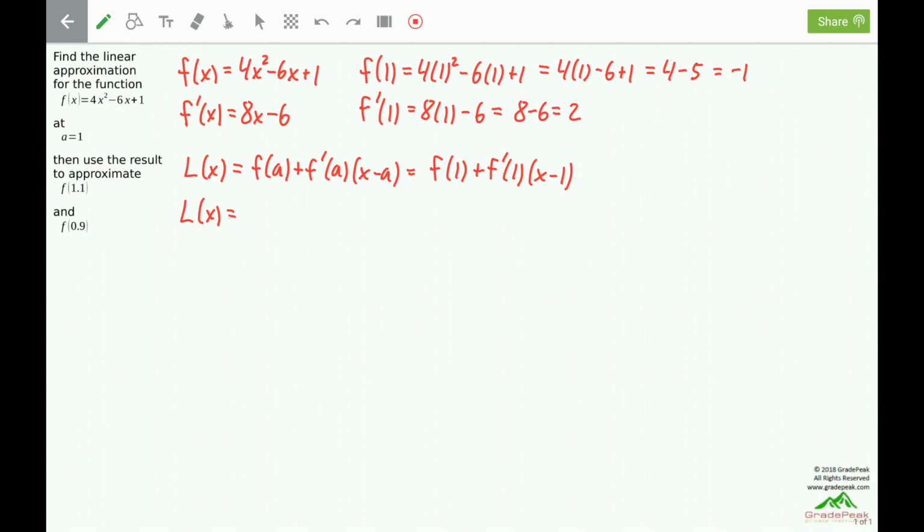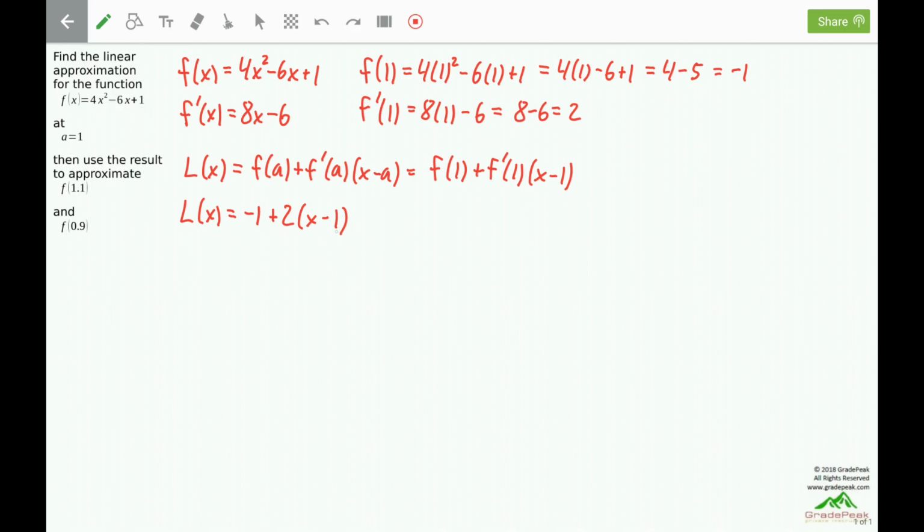So L of x equals f of 1 is here and f prime of 1 is here. Putting those into place, negative 1 plus 2 times x minus 1.